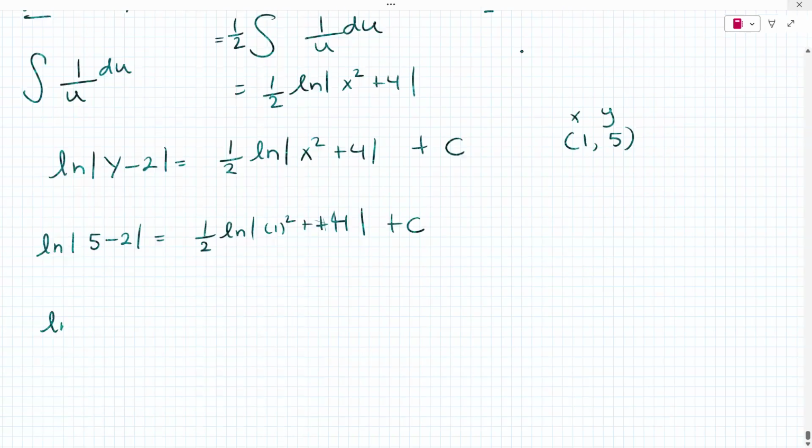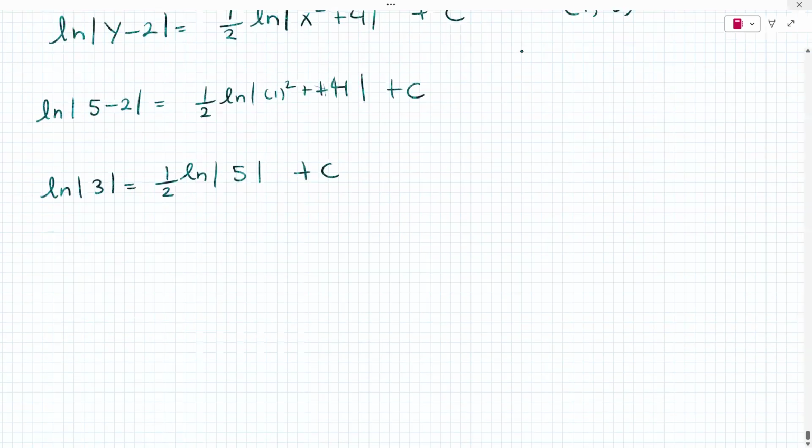So this is going to be the ln of 5 minus 2, which is 3. And then this is going to be 1/2 ln of 1 squared is 1 plus 4, that's 5, plus c. And honestly, absolute value 3 is 3, absolute value 5 is 5, so you don't really have to put the absolute value. It's going to be 1/2 ln 5.